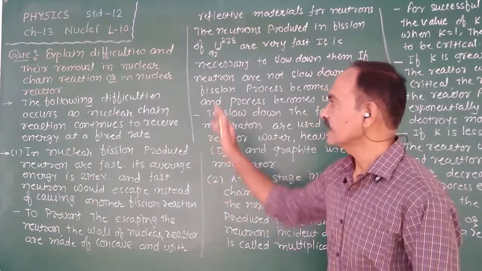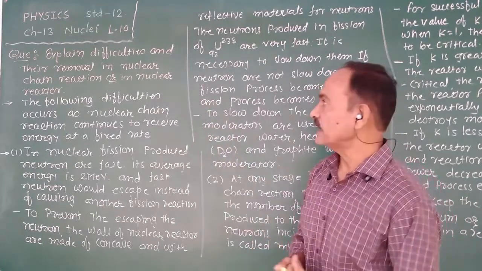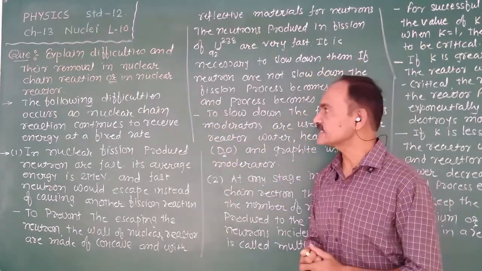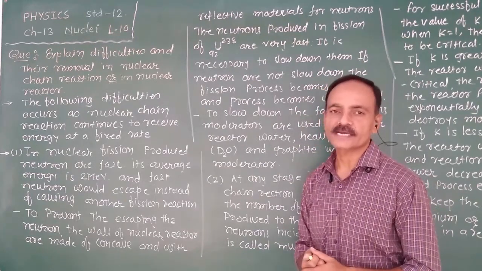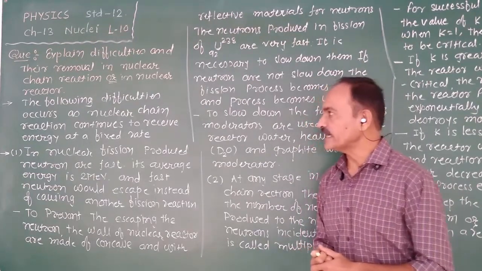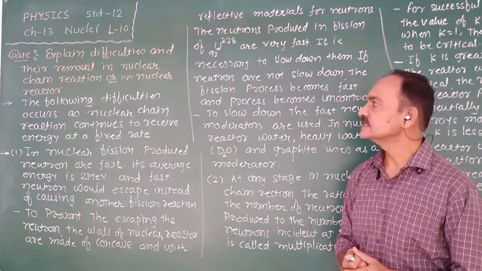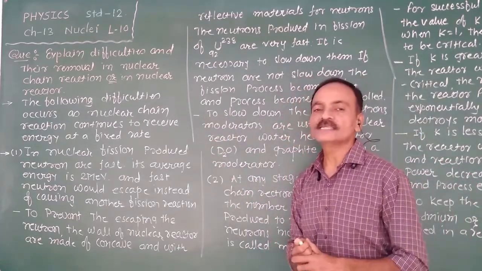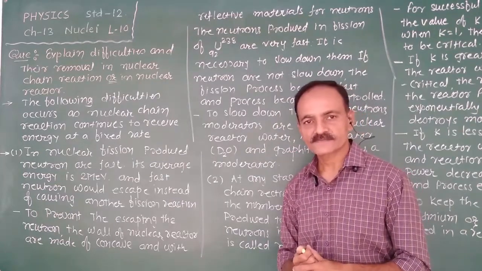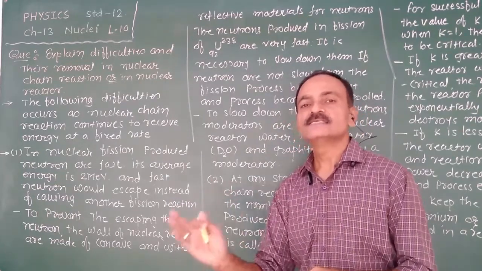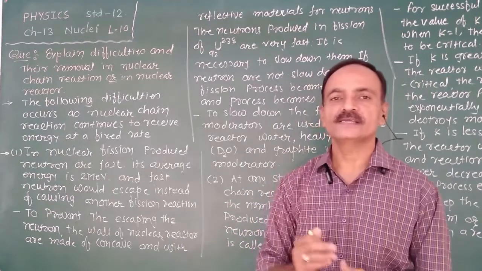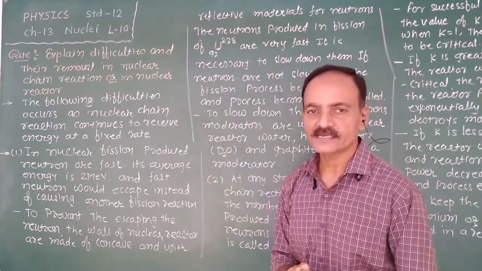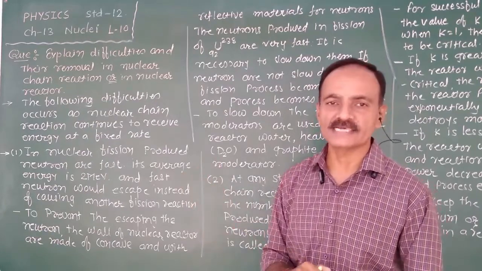The question is: explain the difficulties and their removal in a nuclear chain reaction or nuclear reactor. If the nuclear chain reaction is continuing to give energy at a constant rate, the following difficulties arise.